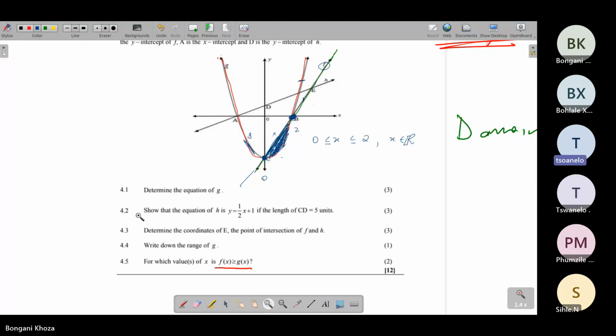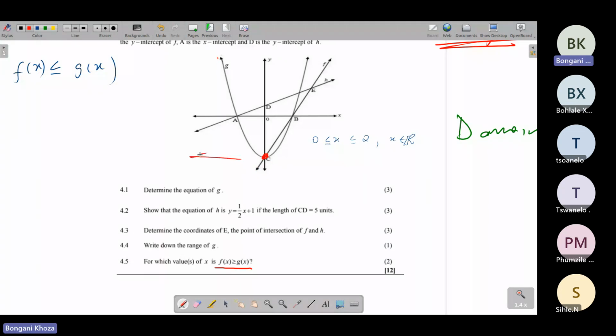Yes, sir. So if the question was, for which values of x does f at x less or equal to g at x, that means we would check the sections where the parabola is above the straight line. From here going that side, the parabola is above and the straight line is below.